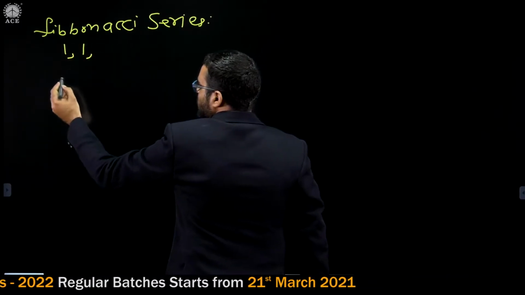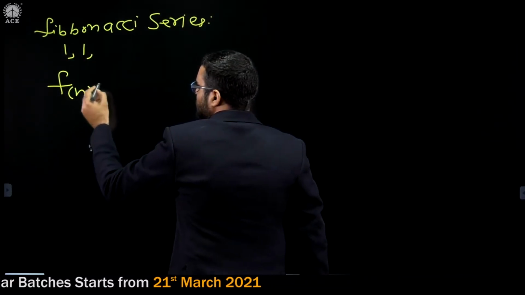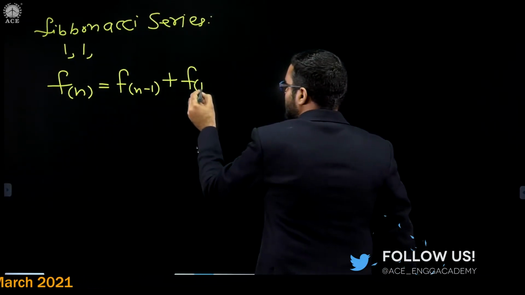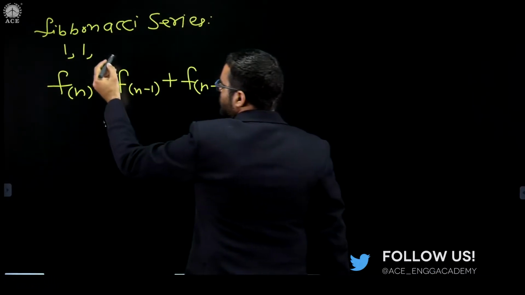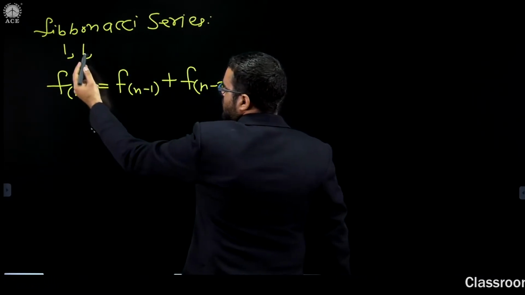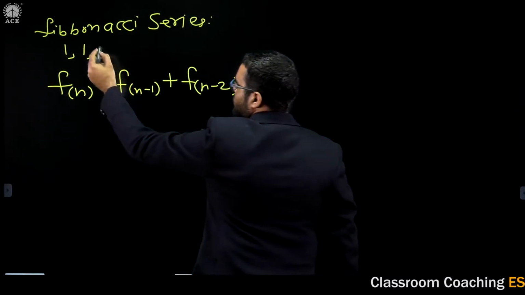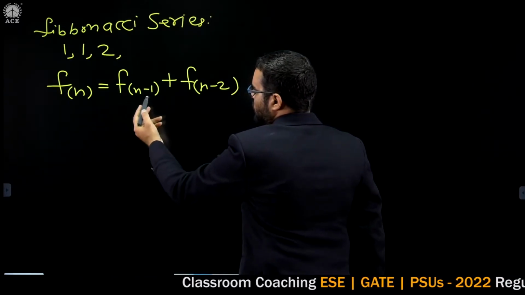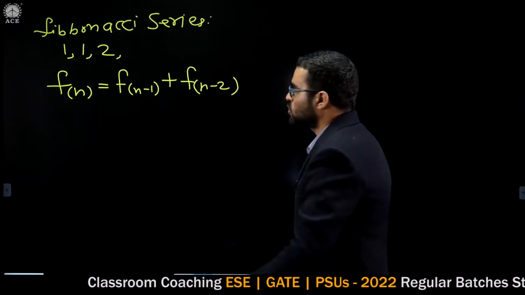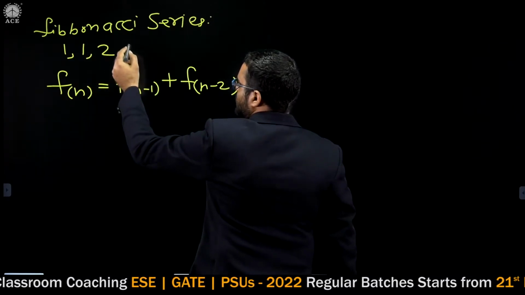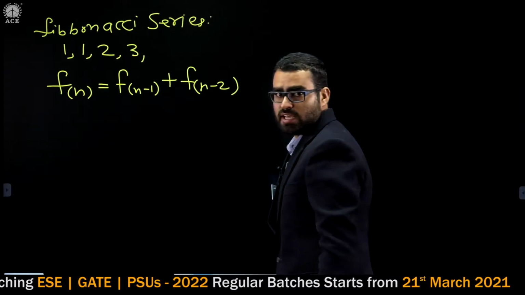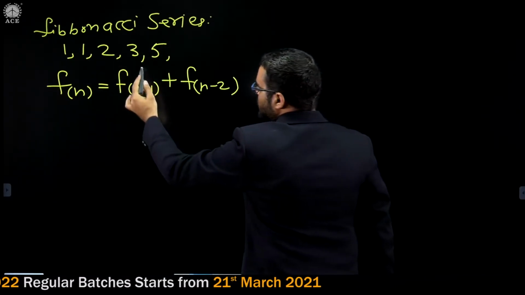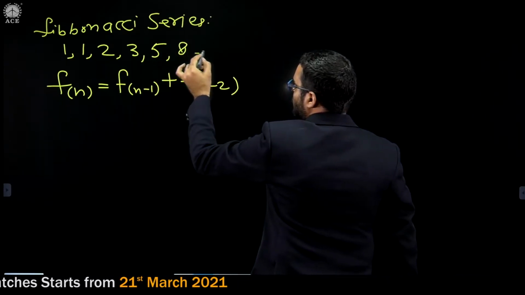Now Fn is equal to Fn minus 1 plus Fn minus 2. So what will be the third number? That will be the second number plus the first number, so that will be 2. What will be the next number? That will be 2 plus 1, that will be 3. The next number will be 3 plus 2, that will be 5. The next will be 3 plus 5, that will be 8, and so on.